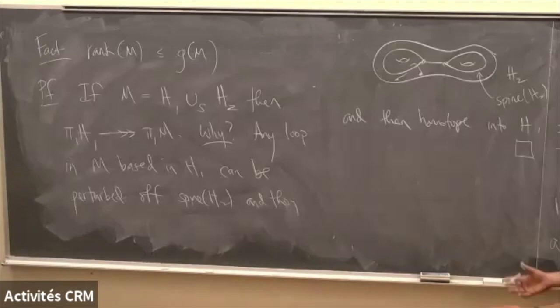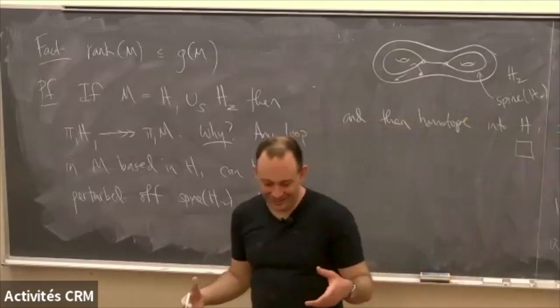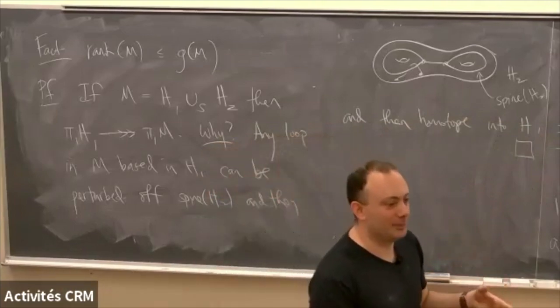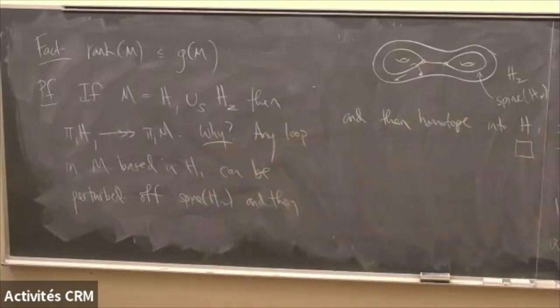You can homotope anything to be smooth, say by smooth approximation, and then homotope it off the spine. This is how, in a differential topology class, you prove the sphere is simply connected: you take a potentially space filling curve and then you perturb it. Anyway.